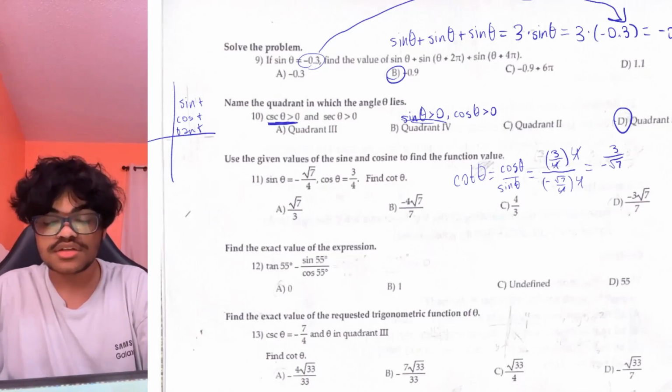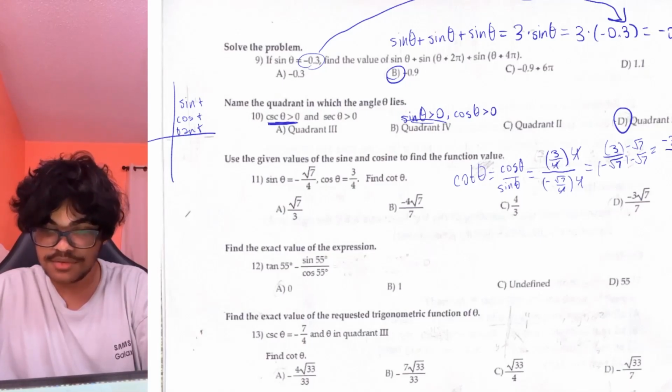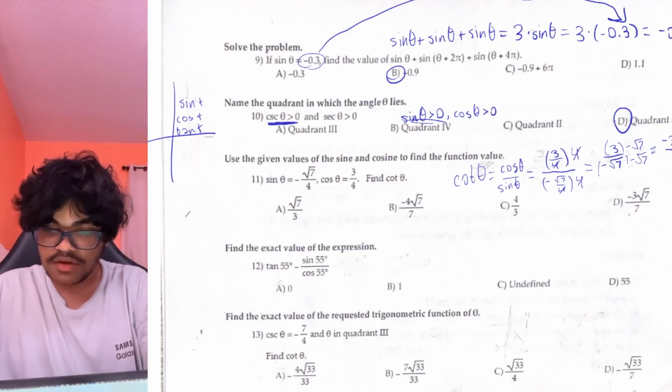Now, we have to rationalize the denominator, so we multiply by negative square root of 7 on the top and bottom. Now we'll get negative 3 square root of 7 on the top, and over these square roots and negatives will turn into just a positive 7. And there we go, we have our answer, D.